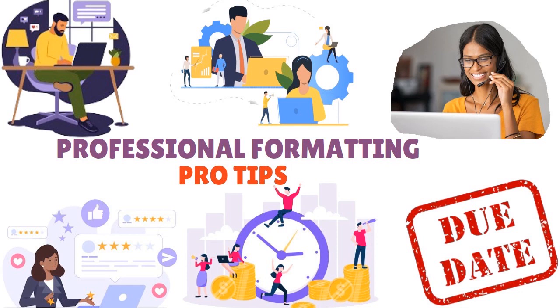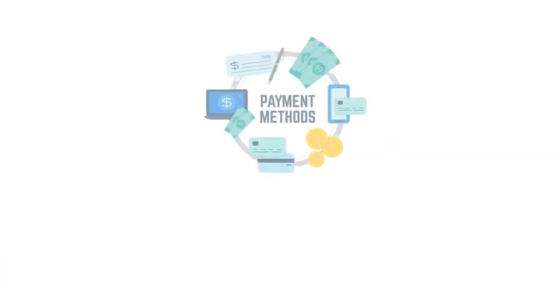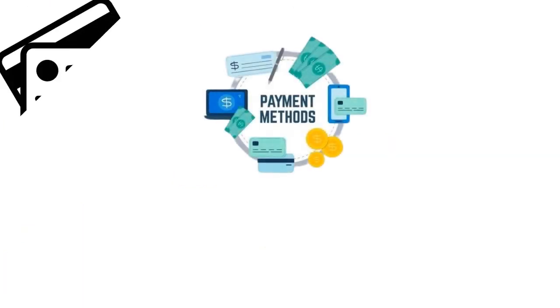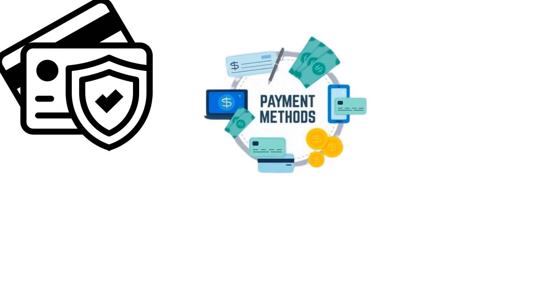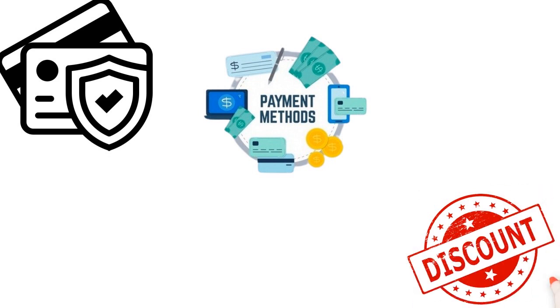And in terms of accepted payment methods, you want to list the payment methods you accept, such as credit cards, bank transfers, or digital payment platforms. You also want to think about early payment incentives. So basically here, you want to consider offering maybe a small discount for early payments to encourage clients to settle invoices sooner.